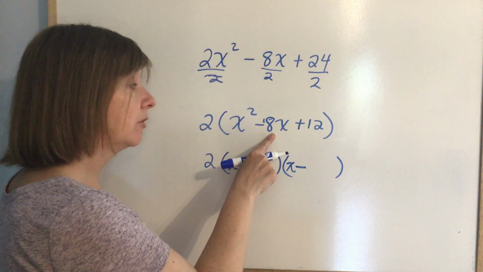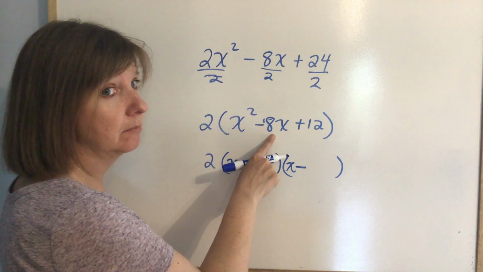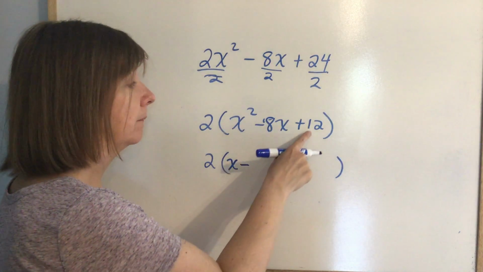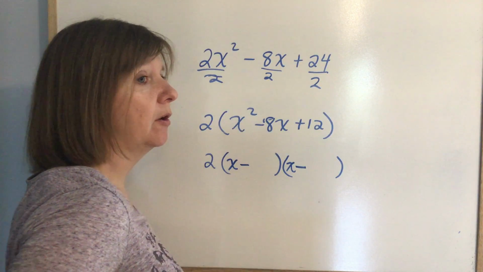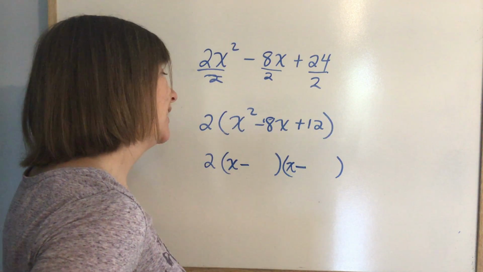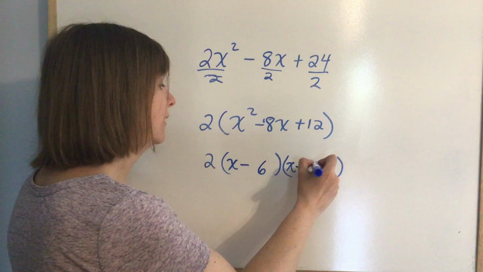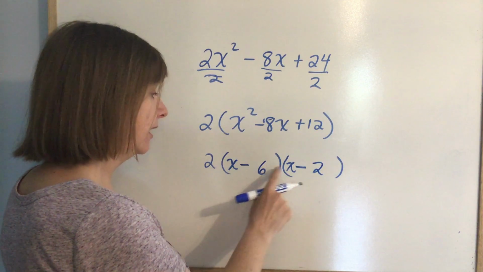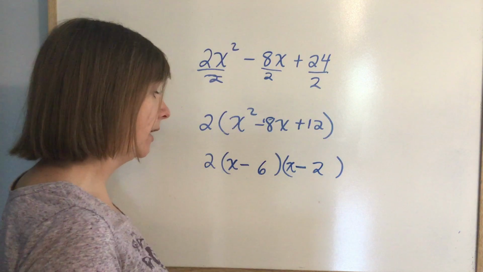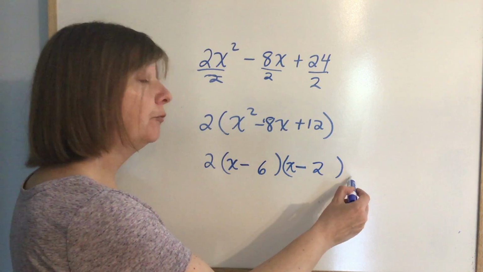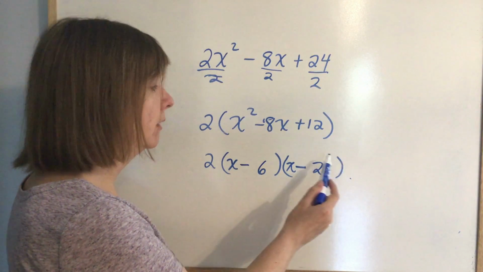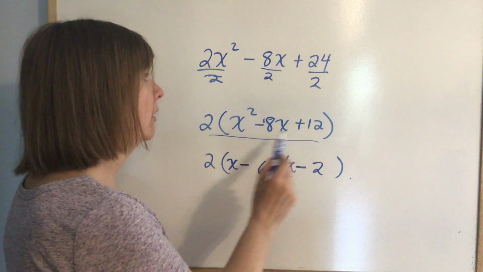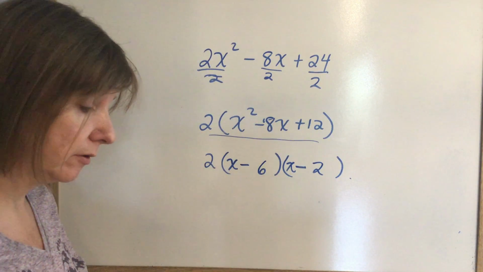But 4 plus 3 does not make 8. So that's not it. The other thing that I think of with 12 is 6 and 2. And it just so happens that negative 6 minus 2 does in fact make negative 8. So this is fully factored. This is only partially factored.